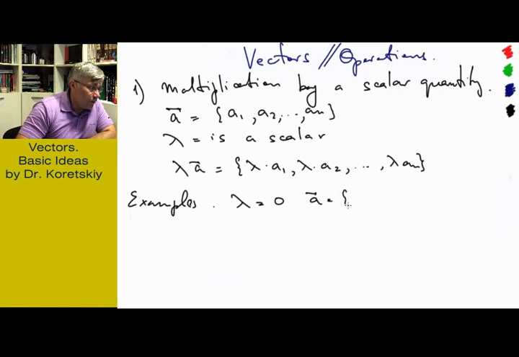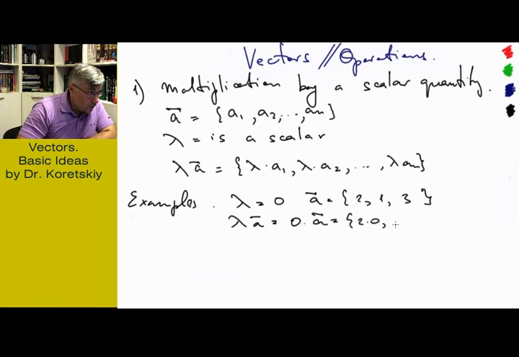A equals, for example, 2, 1, 3. Lambda A equals, consequently, 0 times vector A, and it is 2 times 0, 1 times 0, and 3 times 0, and it is 0, 0, 0.